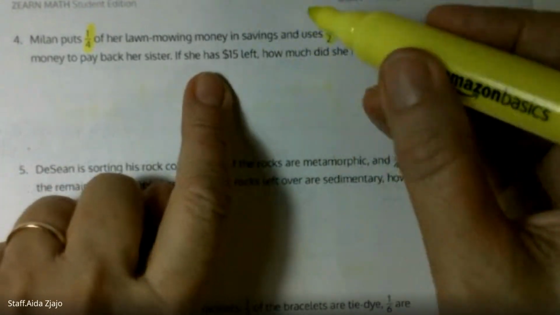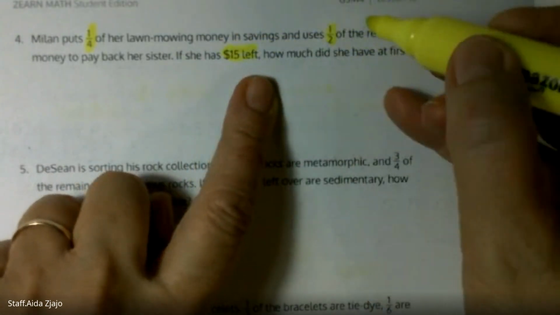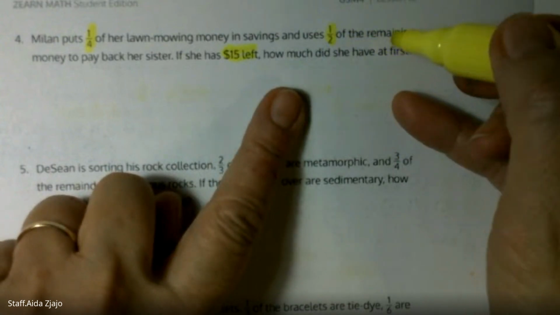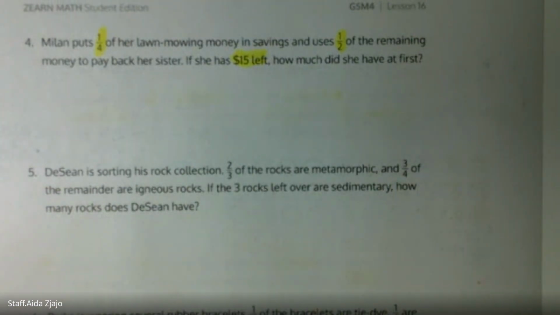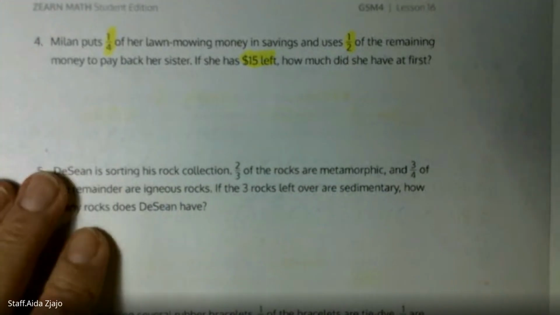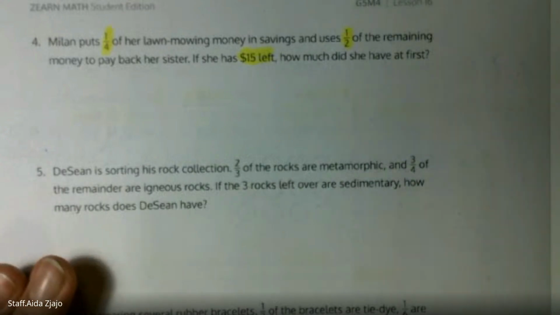If she has $50 left, how much did she have at first? Milan in my language is a male, so it says Milan put 1/4 of his money in savings. Or he? That's okay.